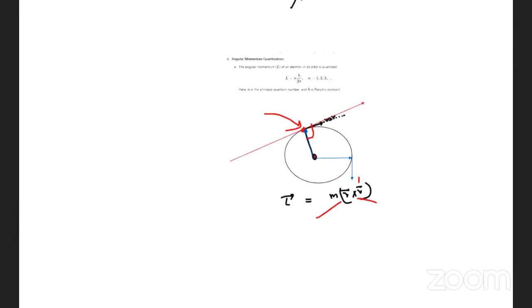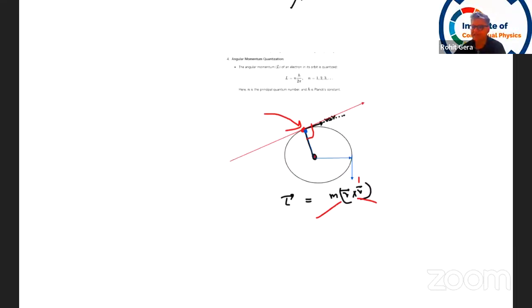Now, the angular momentum L is given by m r v sine 90, because the angle between r and v is always 90. So it becomes mrv. This angular momentum of the point mass, which is your electron, is quantized, meaning it is always a multiple of nh by 2 pi.